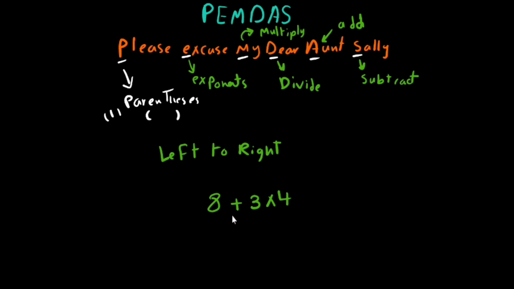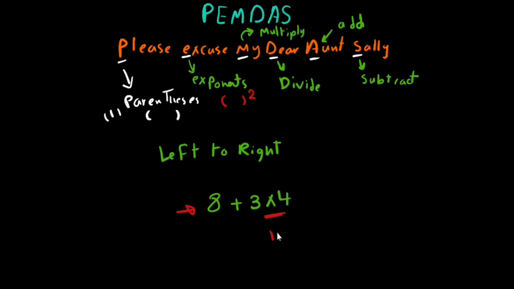E for exponents: I don't have exponents. By the way, exponents are like this: 2 to the power of 4, 2 to the power of 5, 2 to the power of 6. I have no exponent in my problem. For M, I have multiplication. I have to start from the left to the right, and the first multiplication problem I have to do first.